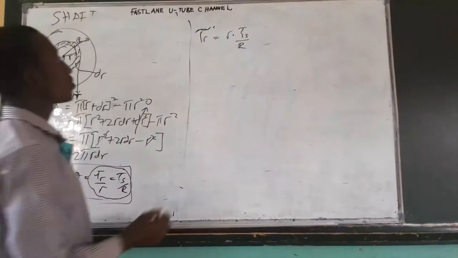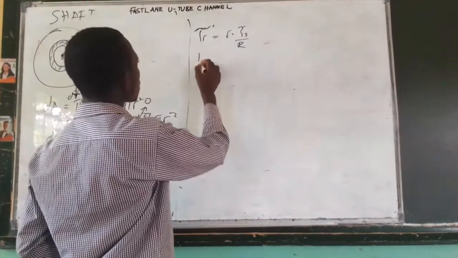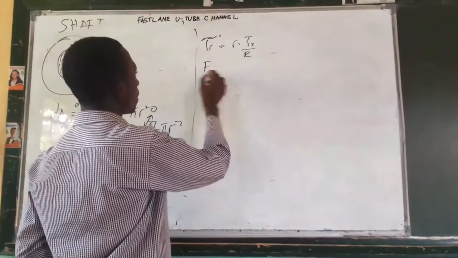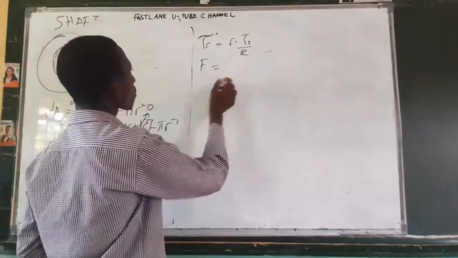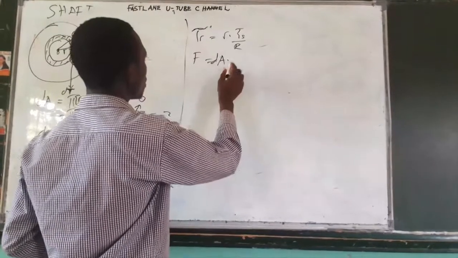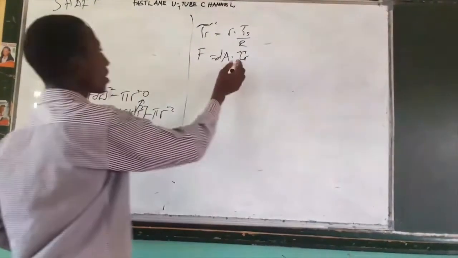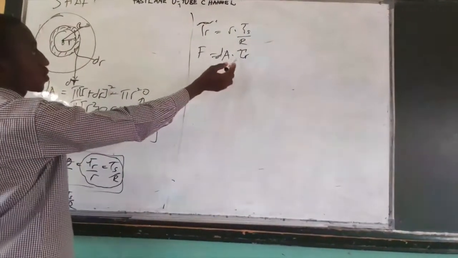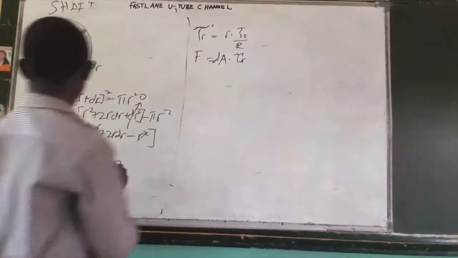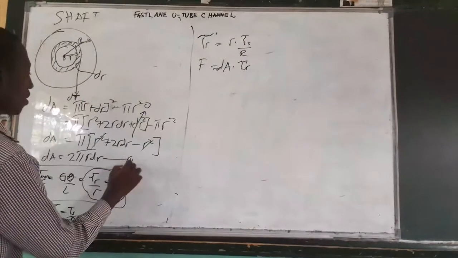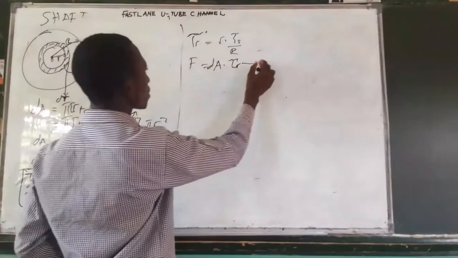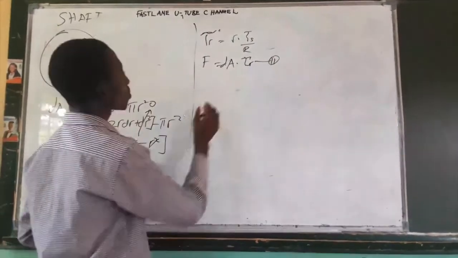The tangential force acting on the element is equal to the area dA times the tangential stress on the element. We substitute equation 1 in equation 2.